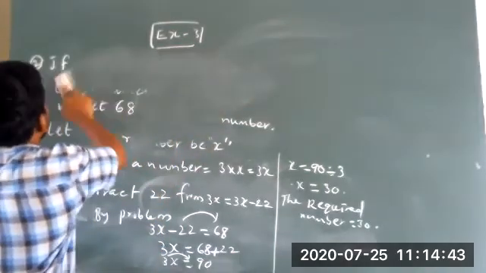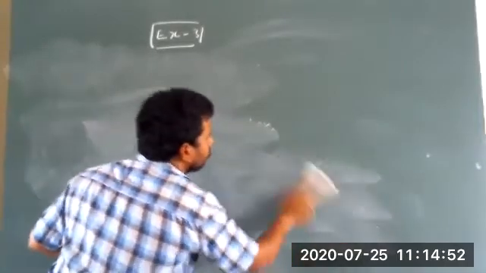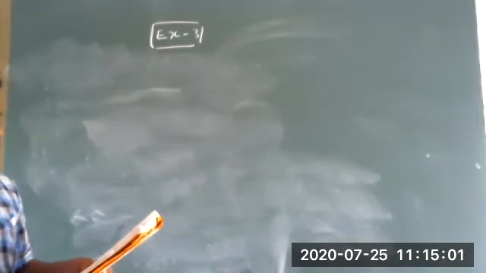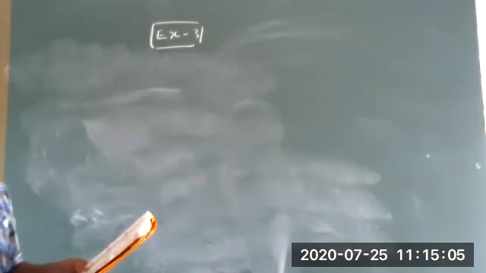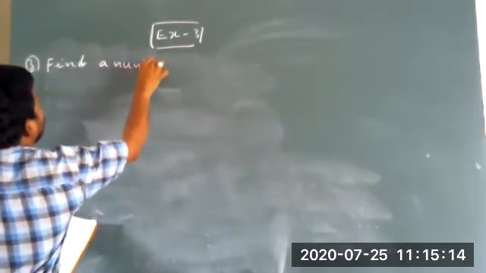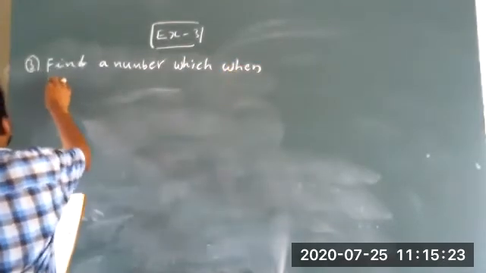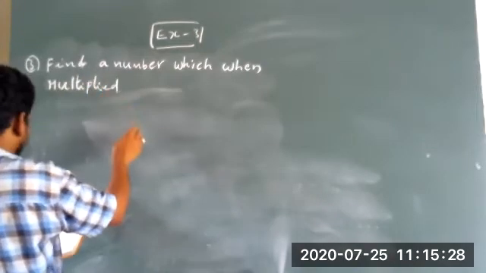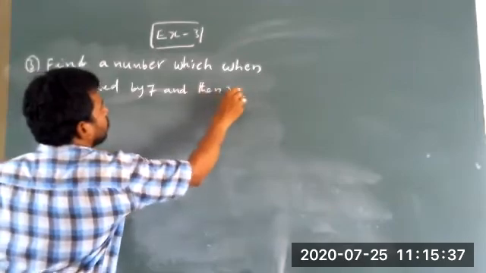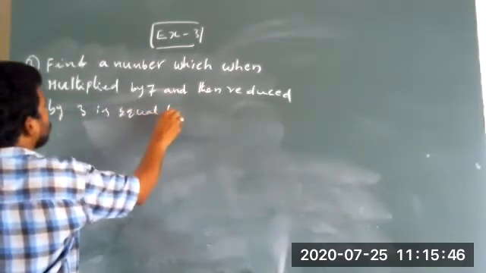Next, third problem. Find a number which when multiplied by 7 and then reduced by 3 is equal to 53.